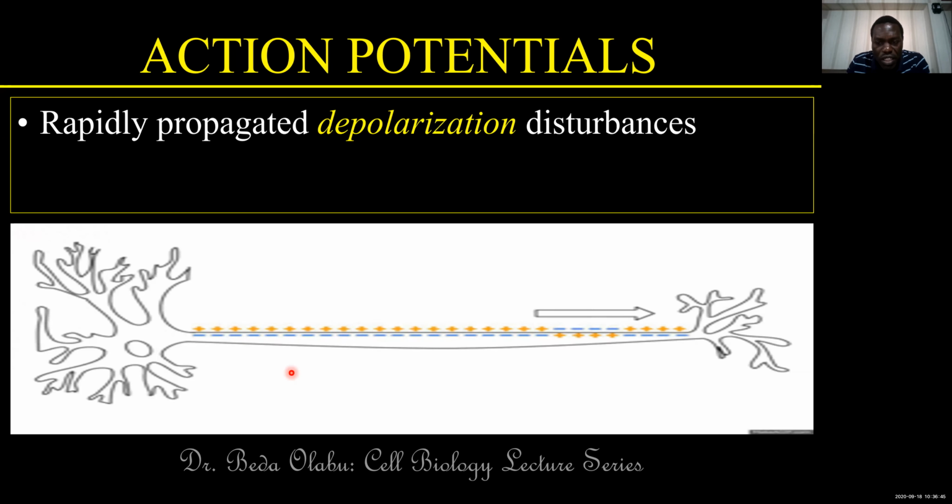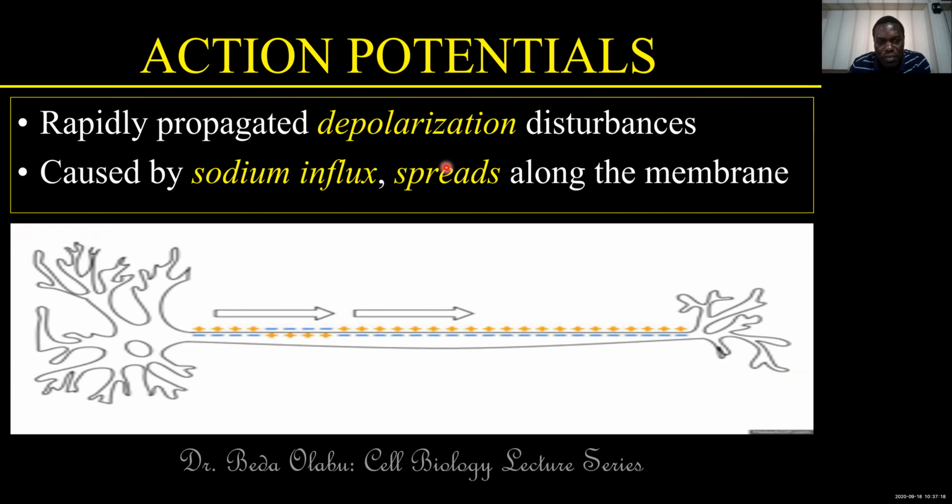But we also appreciate in this video that the depolarization is being propagated. In this one, it's moving from the cell body of the neuron, along the axon to the end of the axon. It's a depolarization disturbance, and it is propagated rapidly from one end to another. Those are action potentials. What causes action potentials? Action potentials are caused by sodium influx.